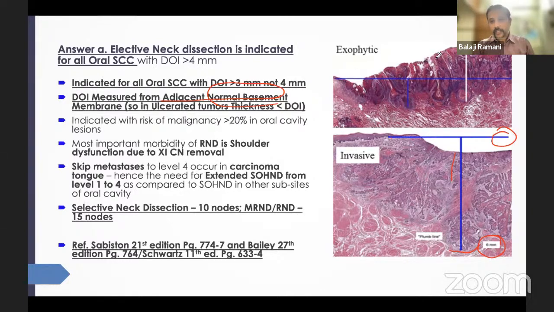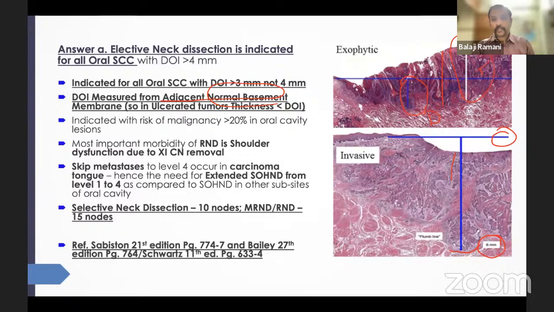Going by the picture, in an exophytic tumor, on the other hand, you can see that the tumor thickness is going to be from here to here only. This is the tumor thickness, not this. Sorry, this is going to be the depth of infiltration, and this is going to be the tumor thickness.